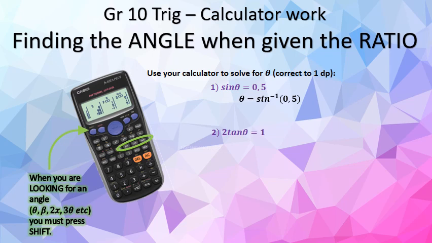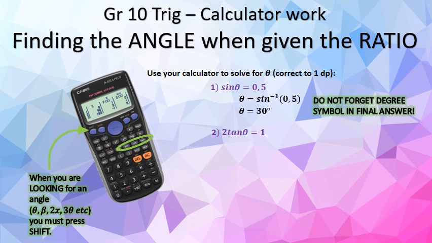So theta is going to equal shift sine, arc sine, a half, and then once you press equal, you'll see that theta equals 30 degrees. Now, please don't forget to write the degree symbol in your final answer, since we have found the size of an angle.